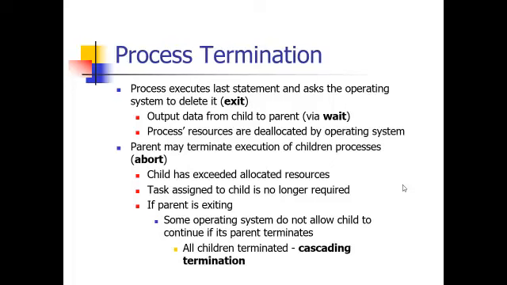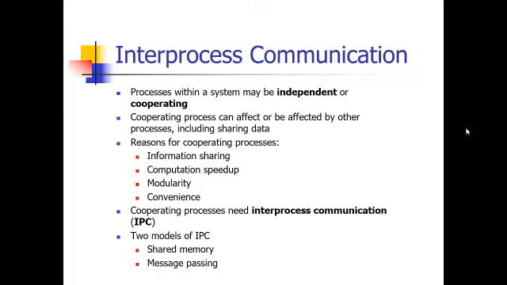An independent process does not share information with any other process, does not share any resource with any other process. It will start its execution on its own and terminate on its own. So it's an independent process.